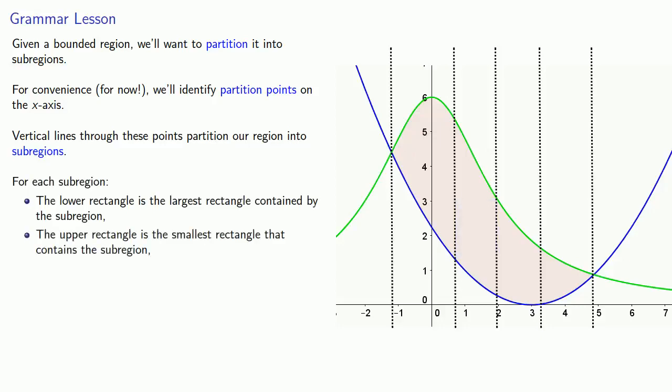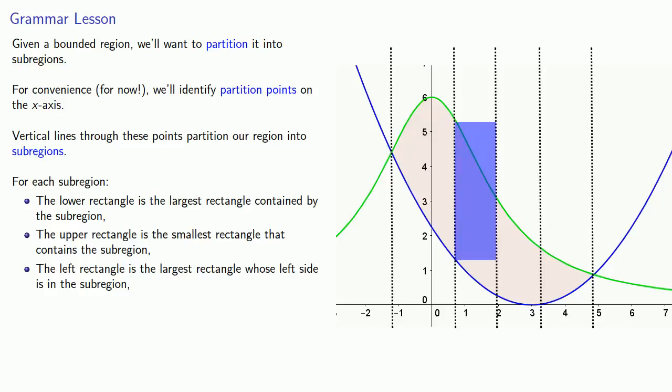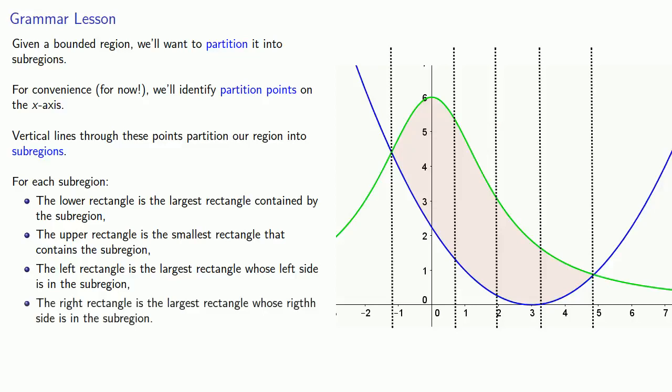The upper rectangle is the smallest rectangle that contains the subregion. The left rectangle is the largest rectangle whose left side is in the subregion. And the right rectangle is the largest rectangle whose, wait for it, right side is in the subregion.